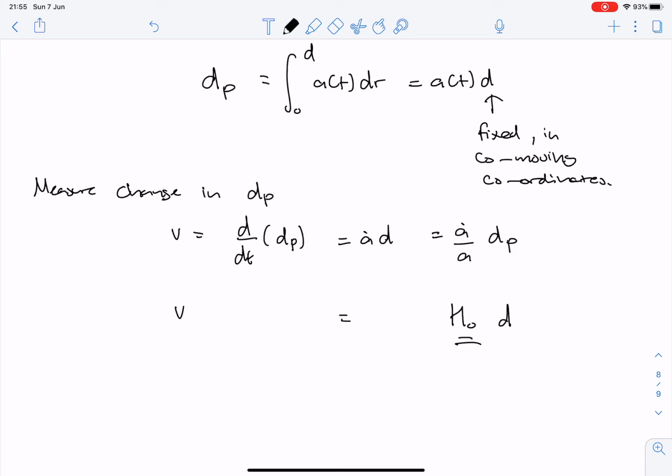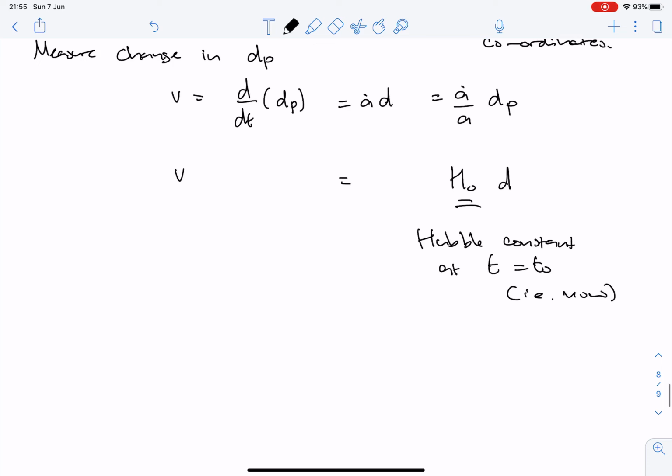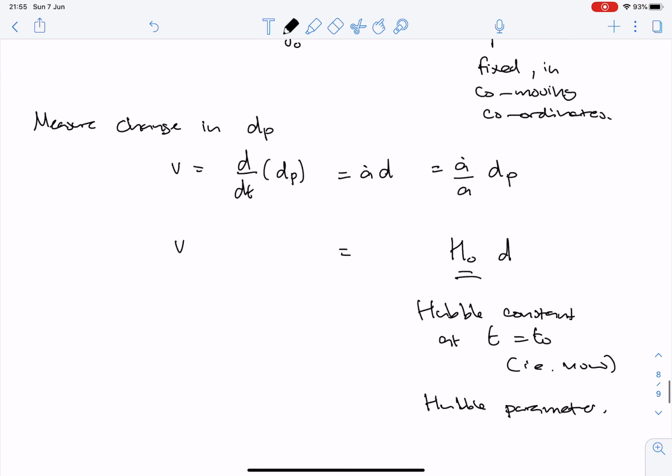So this is the Hubble constant at time t equals t0, i.e. today. Or more generally, it's the Hubble parameter, which can vary with time. And so this is just the rate of change of the scale factor, normalised by the scale factor at any given time.